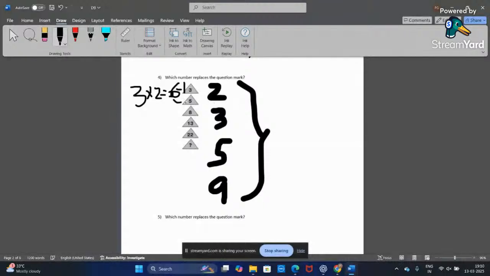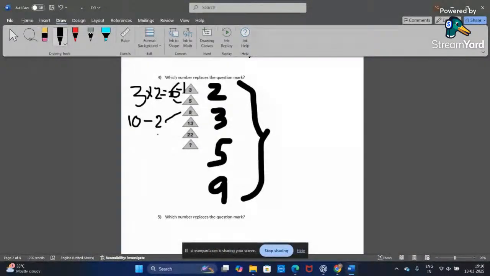Right? Same thing, try with the next one. Double the number. When you double 5, we get 10, right? And it is subtracted with the next number, that is 2. So we got 8.